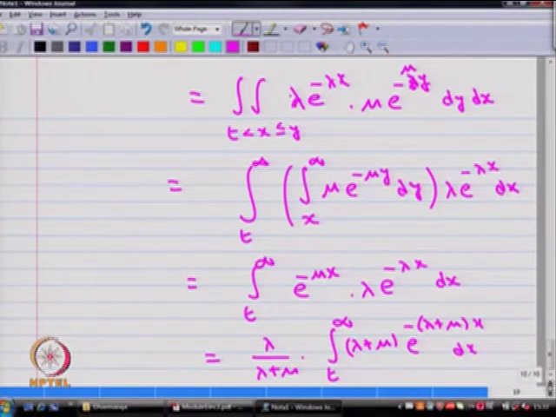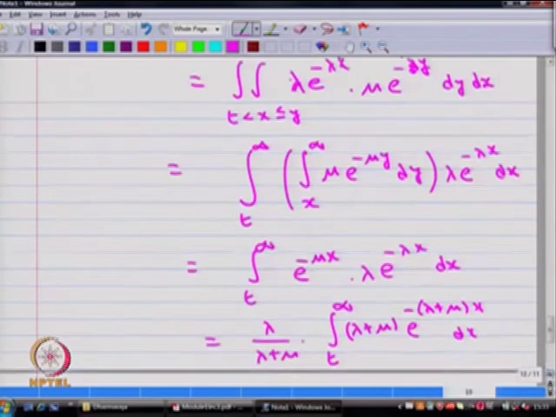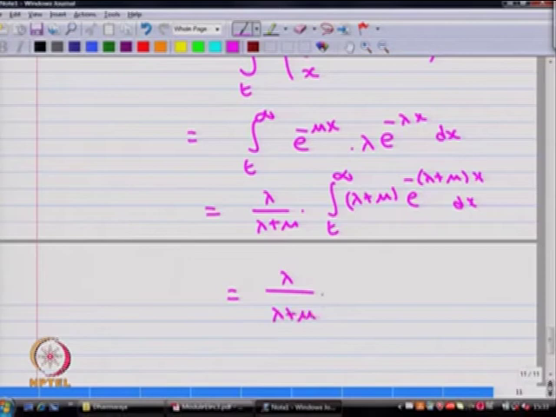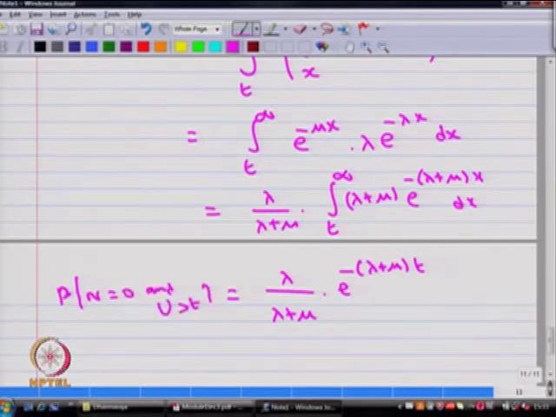You know how to do the integration for this. If you simplify, you will get the answer, that is lambda divided by lambda plus mu times e power minus lambda plus mu times t. So, this is the result for the probability that N takes a value 0 and U takes a value greater than t, where t is greater than 0.